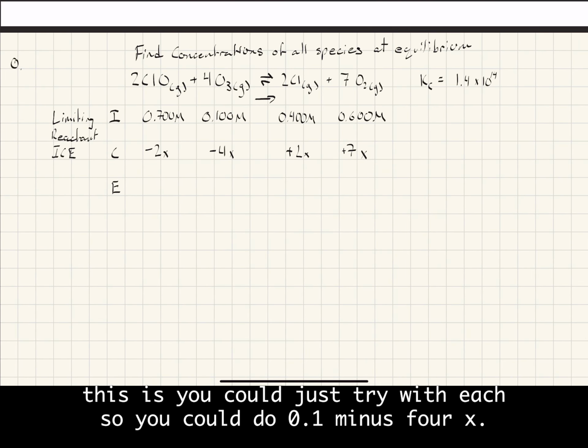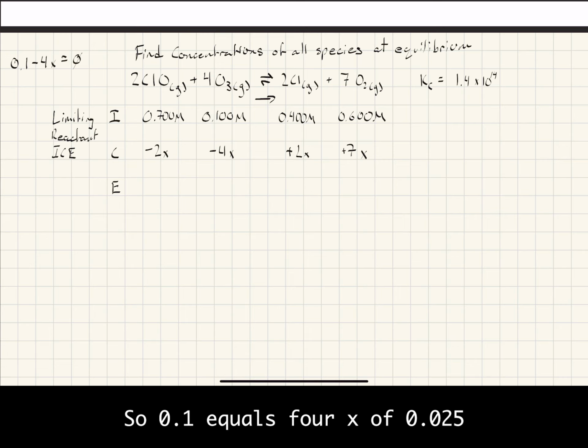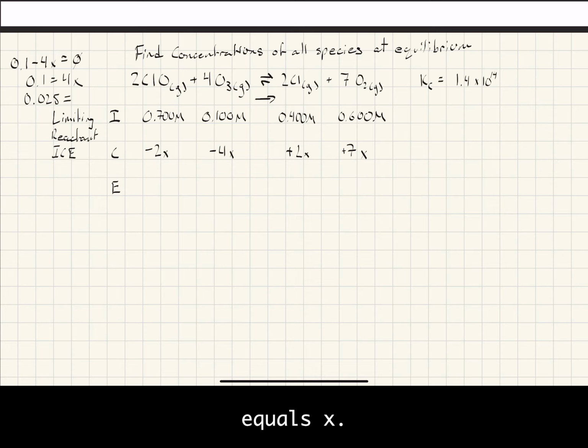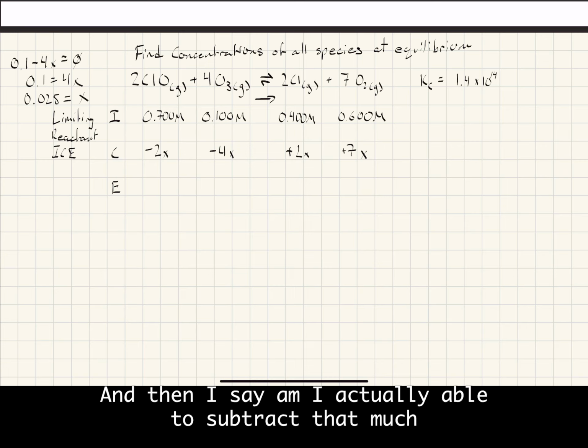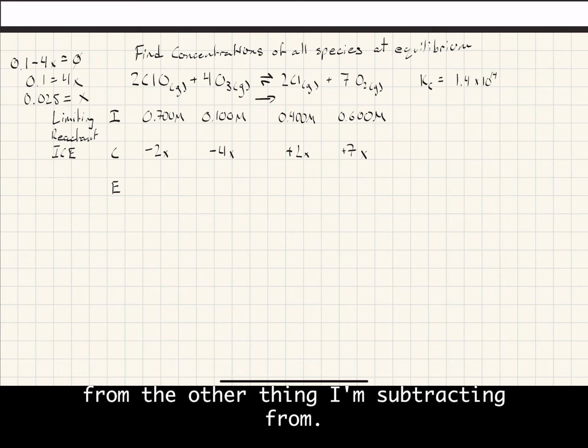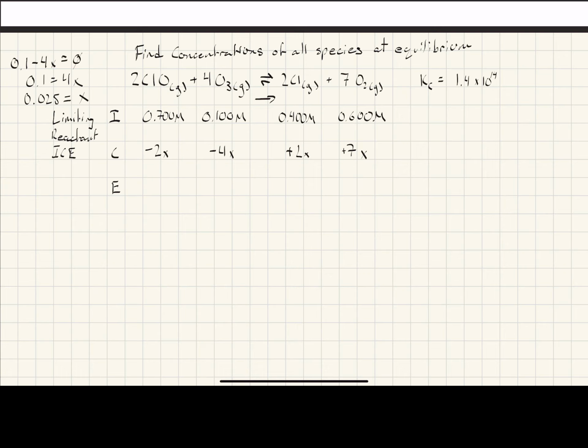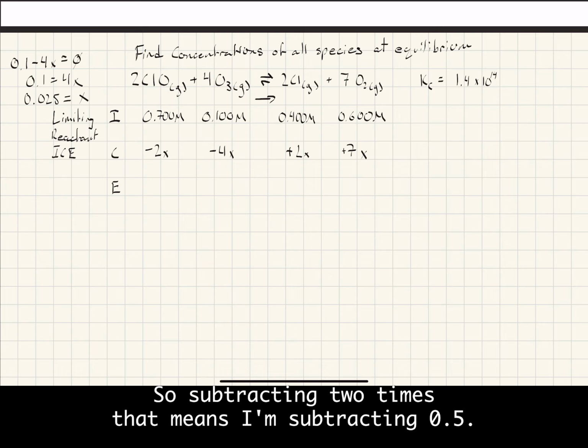So you could do 0.1 minus 4x, and I'm trying to make that 0. So 0.1 equals 4x, so 0.025 equals x. And then I say, am I actually able to subtract that much from the other thing I'm subtracting from? So subtracting 2 times that means I'm subtracting 0.5.